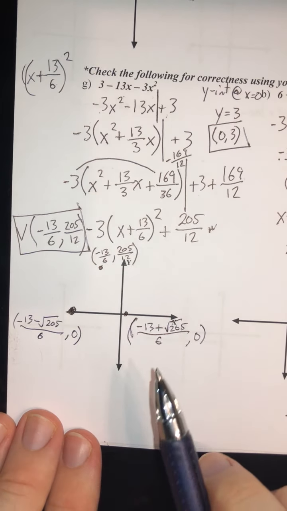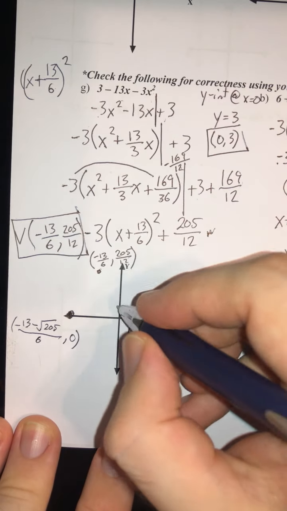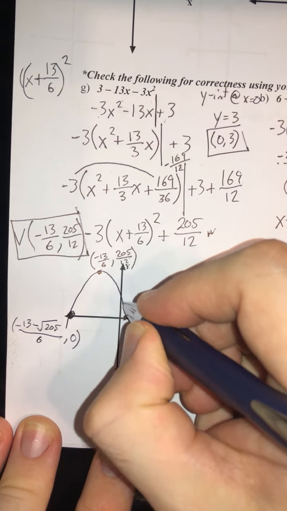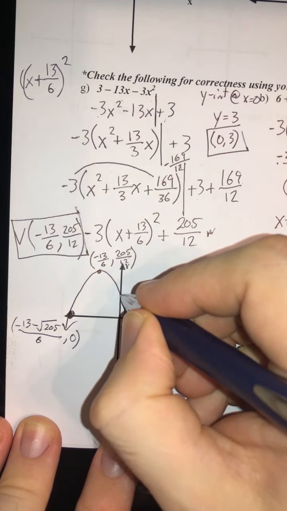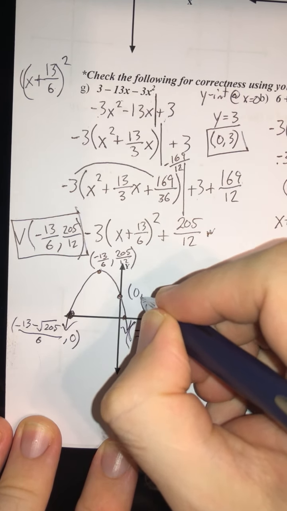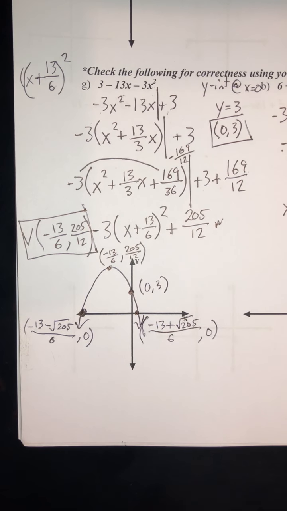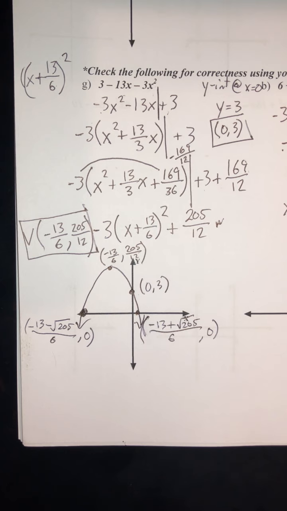And then the last thing we're missing is the y-intercept, which is (0, 3), which, if we just plot this out as such, here's going to be my (0, 3) point. So there you have it. That's how you do this. Plot out the points. You have it like this.